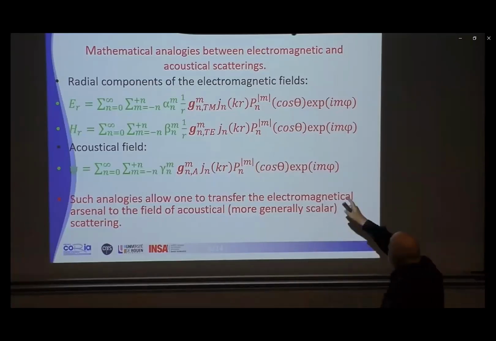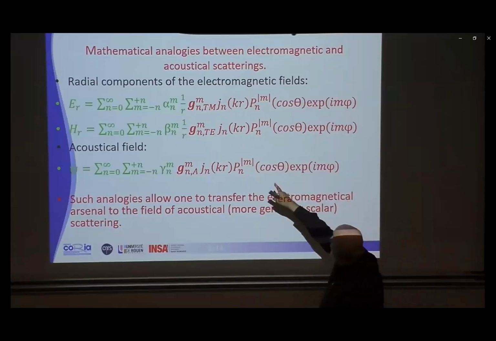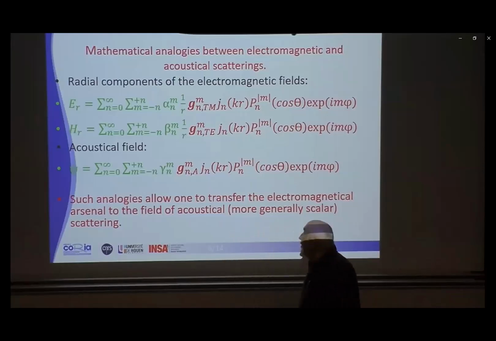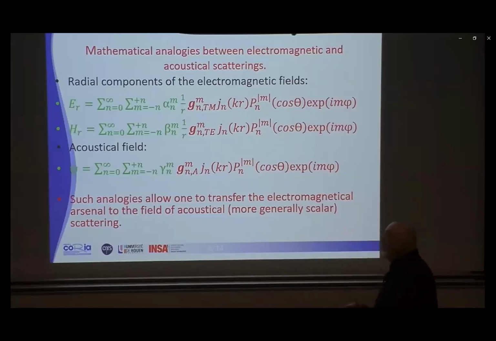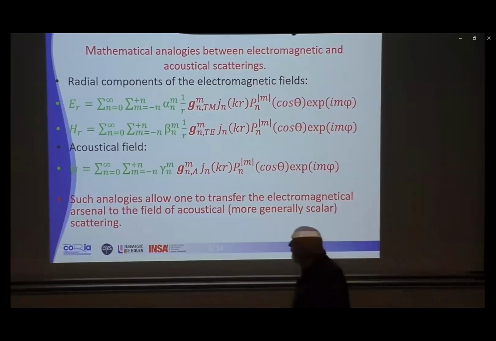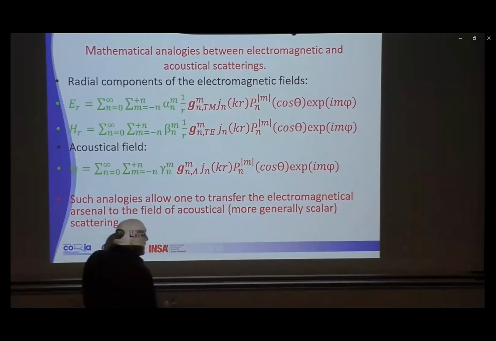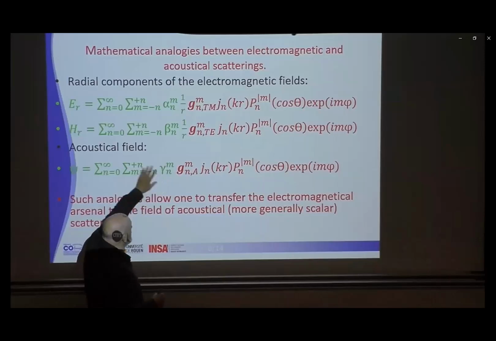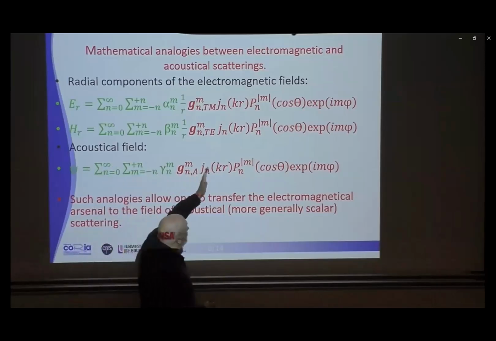You have Bessel functions, associated Legendre functions, and some analytical exponents. And the g_n^m TM and the g_n^m TE. You have two equations because for the electromagnetic vectorial field, you have the equation for the electric field and one equation for the magnetic field. And now look at the acoustical field. The equation describing the acoustical field is exactly or nearly exactly the same. Again, some simple terms that you can forget, and the same functions.